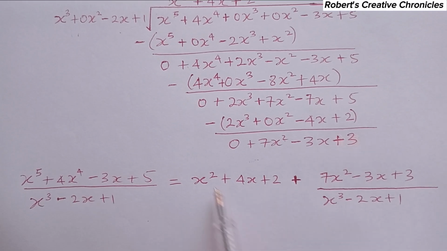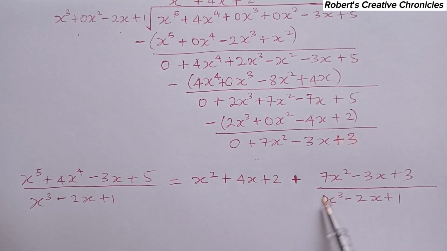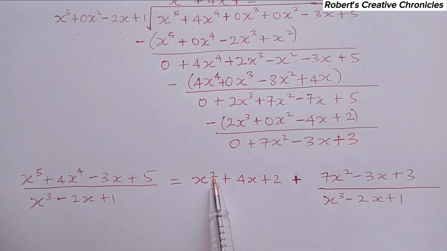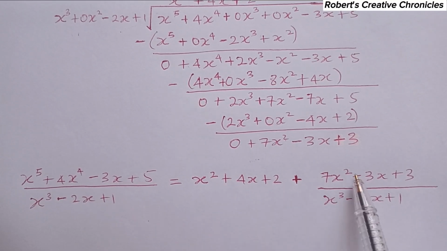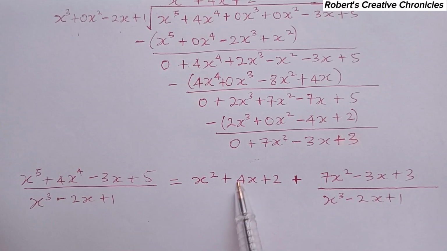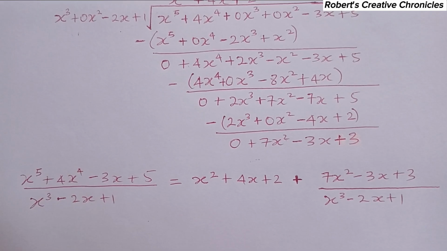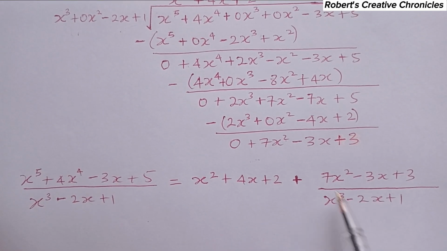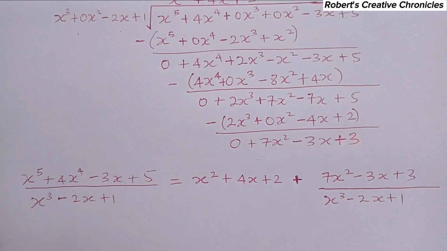If you solve this, maybe you find the LCM is this. If you multiply it by this, then multiply by this and divide by this, you will get the same answer. You can test it. If you add this to this, you get this back.